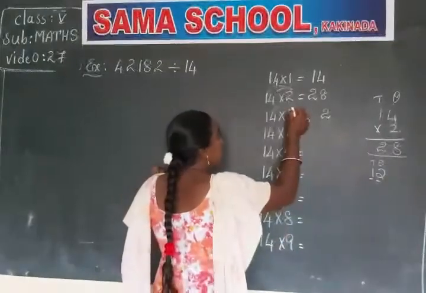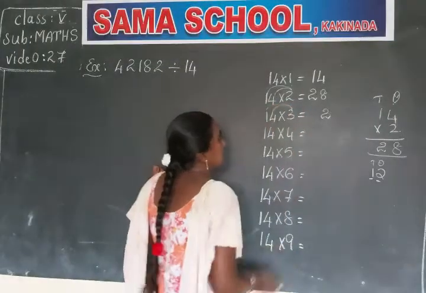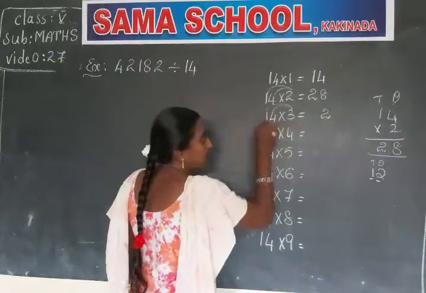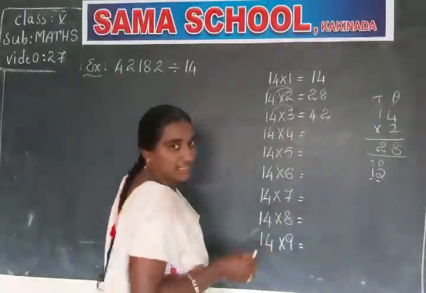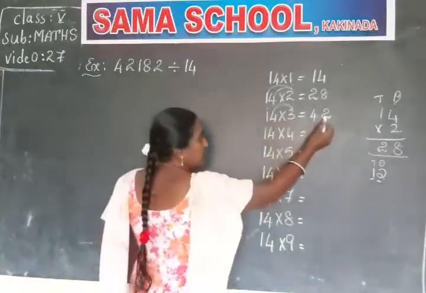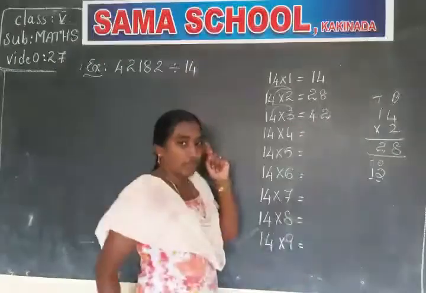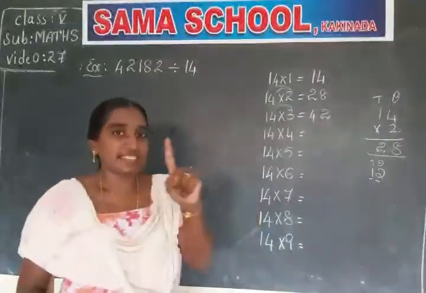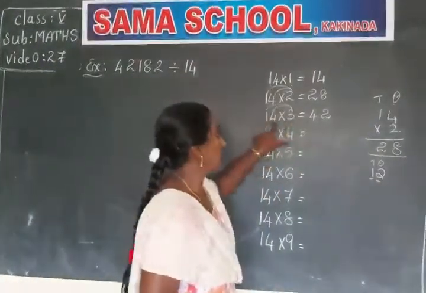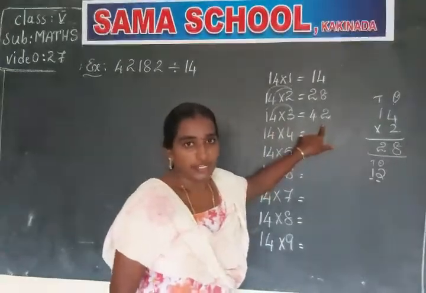Now we have to multiply the 10's place digit. 3 ones are 3, plus 1, 4. Is it clear, children? 3 fours are 12. Write 2 here and 1 in the mind. 3 ones are 3 plus 1, 4. So 14 threes are 42.